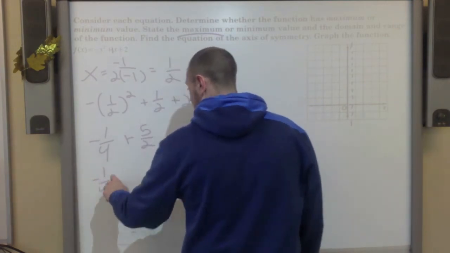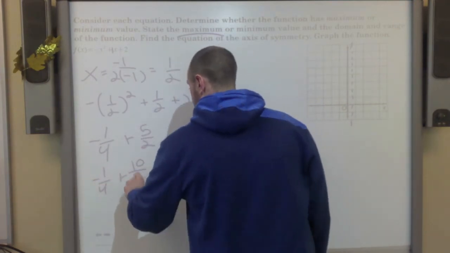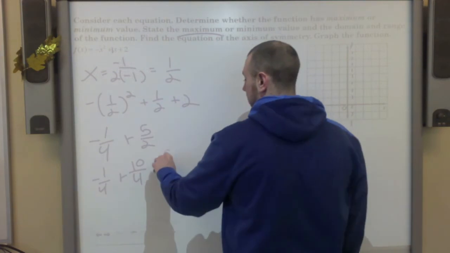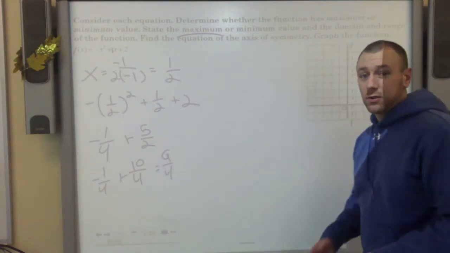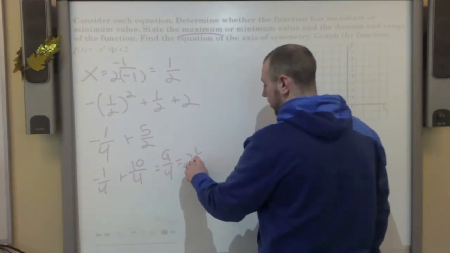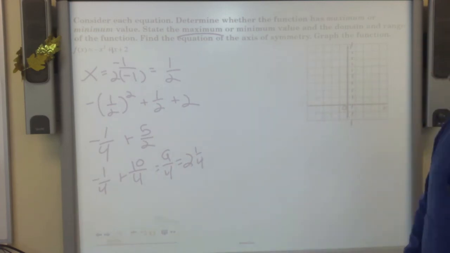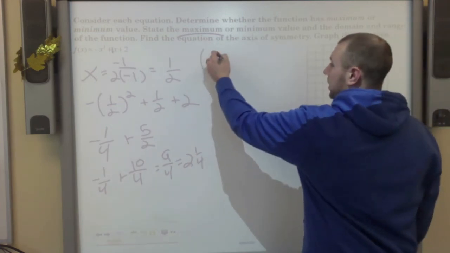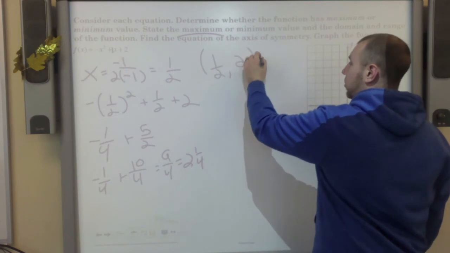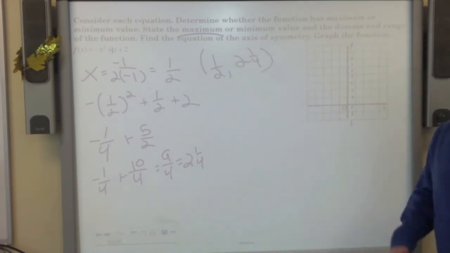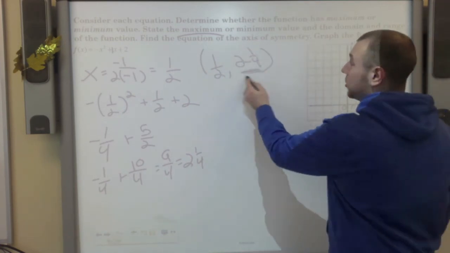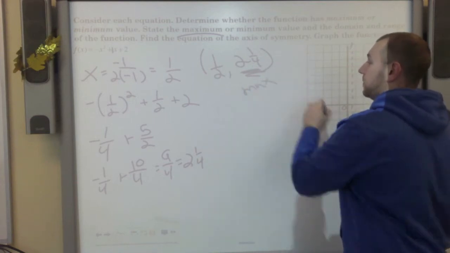I then put them in common denominators. So then I get 9/4 or 2 1/4. Okay, so my vertex is 1/2, 2 1/4. All right, and this 2 1/4 is going to be a max value.